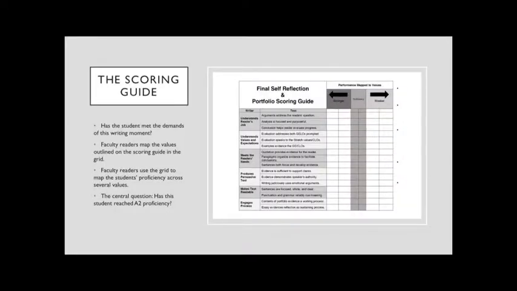So it is an assignment where the scoring guide almost writes itself, and I will read you some of these. What we're looking at is how the student has met the demands of this particular writing moment. How has the student addressed this rhetorical situation, right?